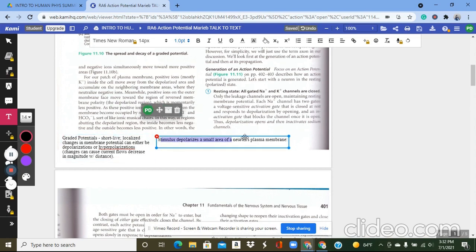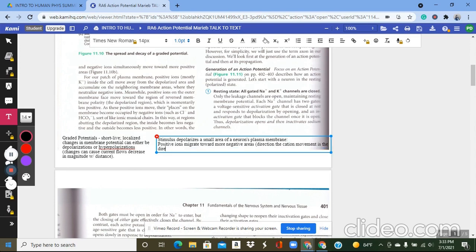I just gave a small example of what it actually is. So let's say positive ions migrate toward more negative areas, and the direction of the cation movement is the direction of the flow.